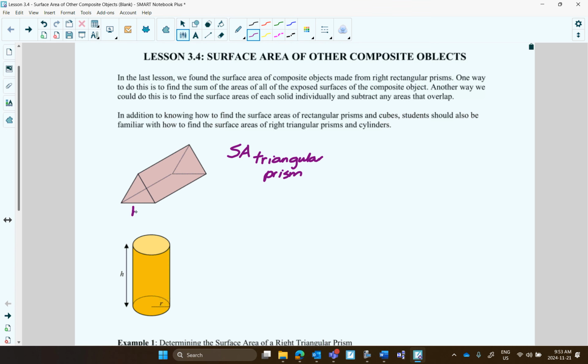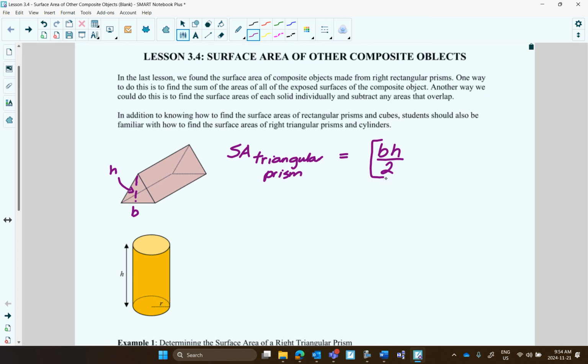Well, if we look at the triangles on the end, the dimensions we use for triangles are base and height usually. And how do we find the area of a triangle again? Base times height divided by 2, right? So that would find the area of this front one. But there's an identical one at the back, right? So what would I do with this? You times it by 2.